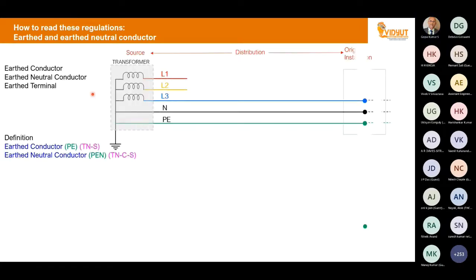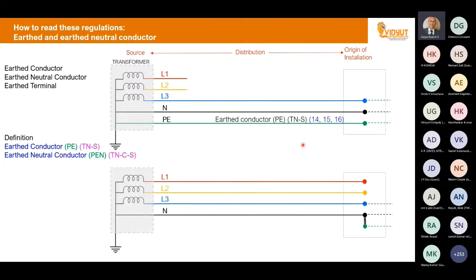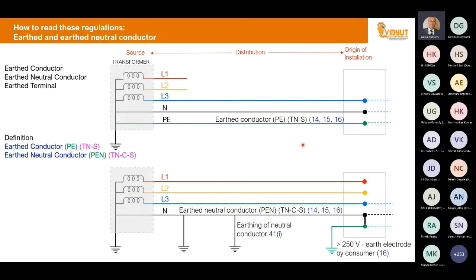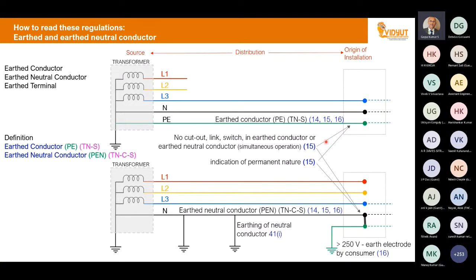In a 3-phase supply, I am just showing some of the old regulations in which this subject is explained: regulation number 14, 15, 16. Regulation number 15 explains the cutout and link. Regulation number 16 talks about the earthing electrode, and the TNCS system and TNS system are explained in this regulation.